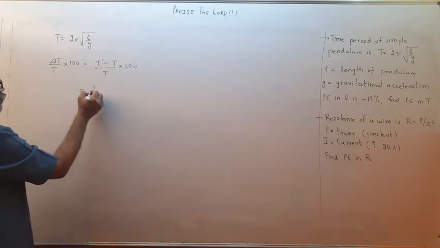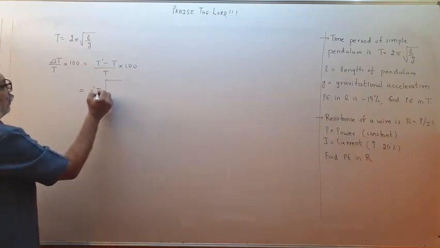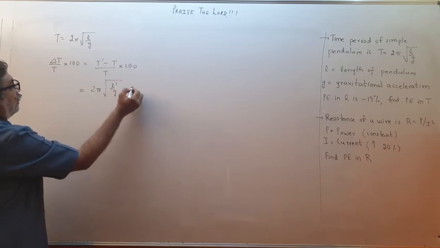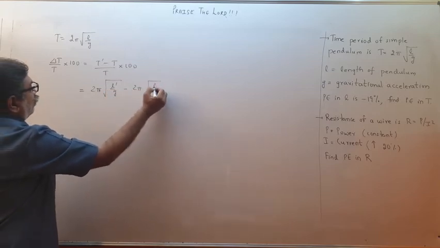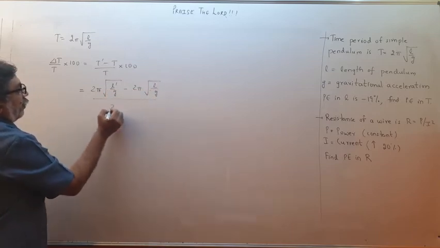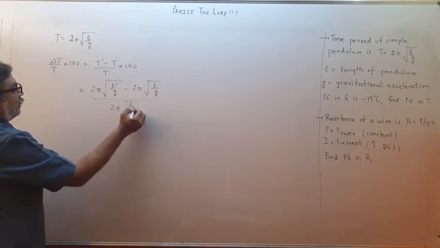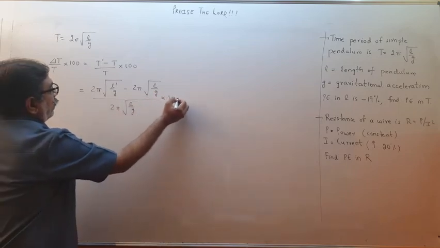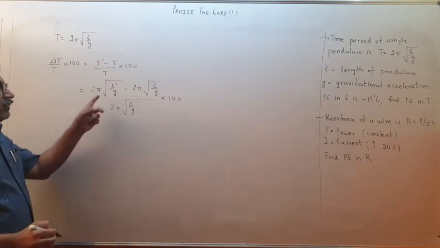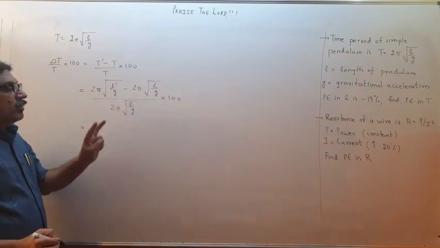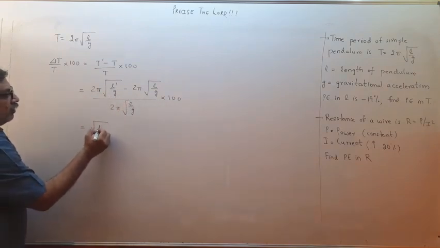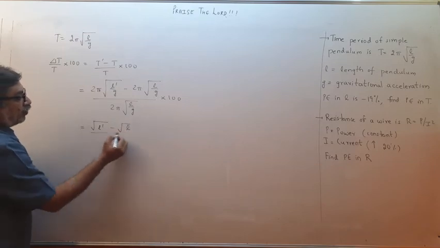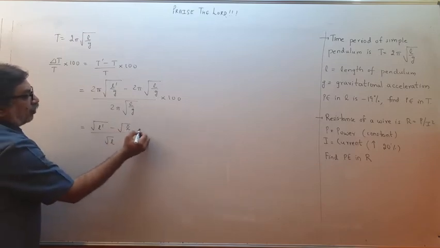So T' becomes (2π root L' upon g minus 2π root L upon g) upon 2π root L upon g into 100. See, 2π cancels out and root g from denominator goes. So this becomes (root L' minus root L) upon root L into 100.